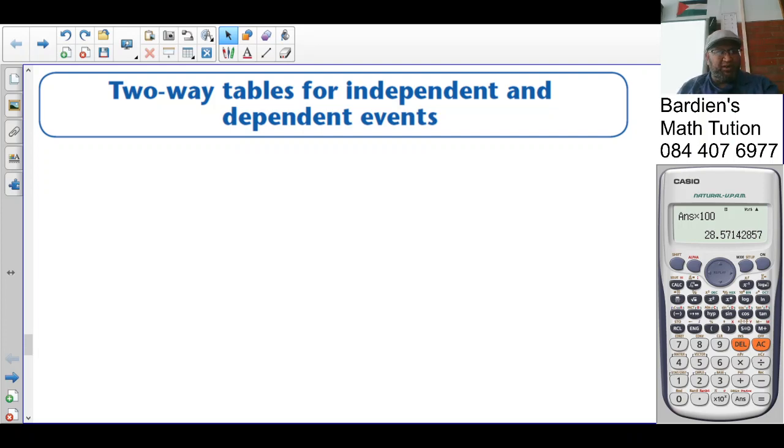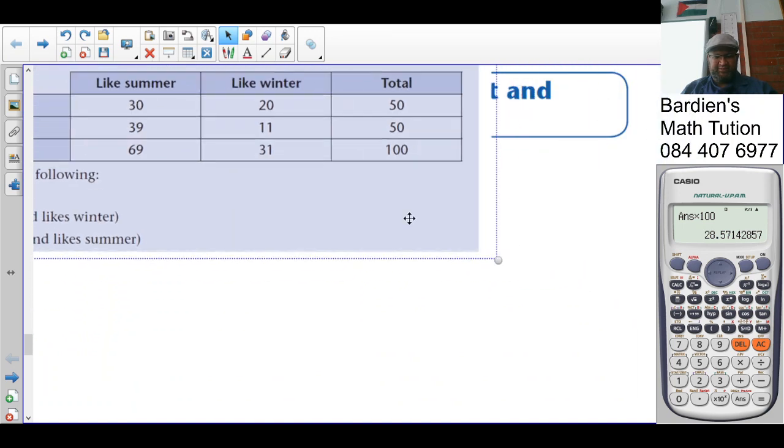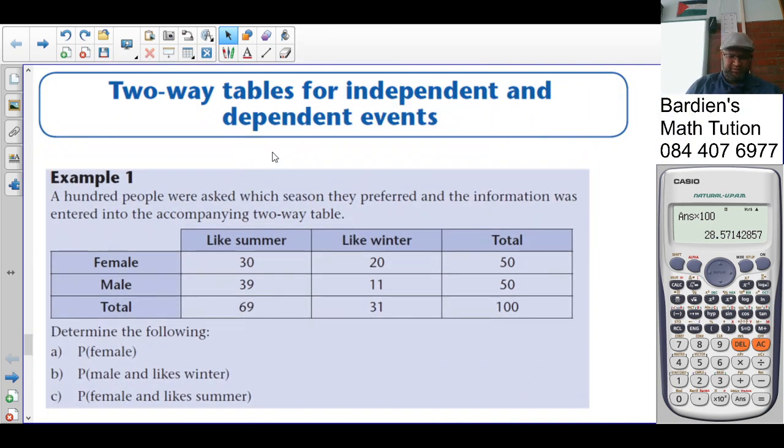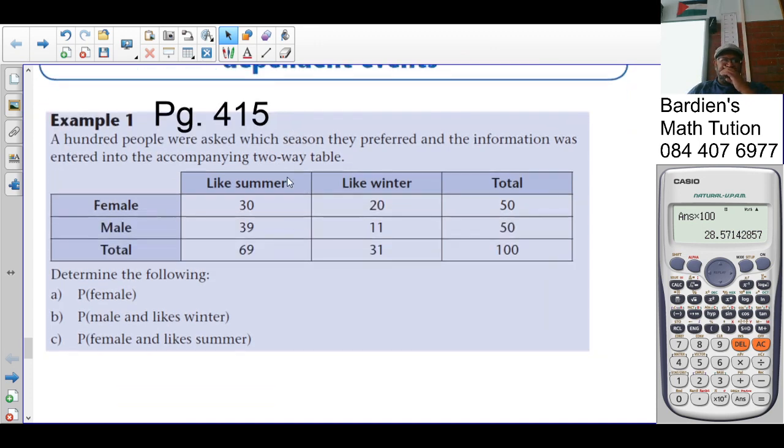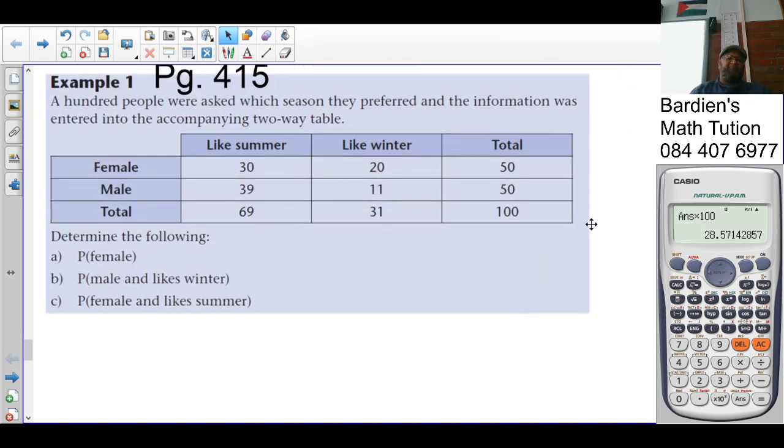I'm looking at the example on page 415. Okay.